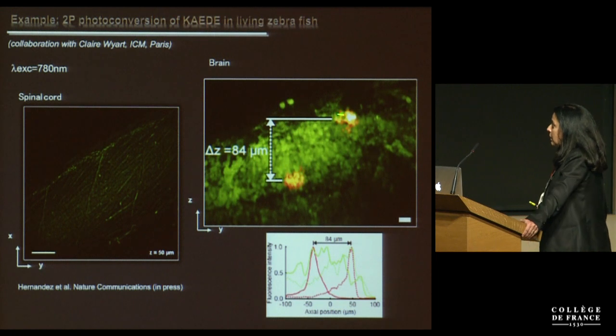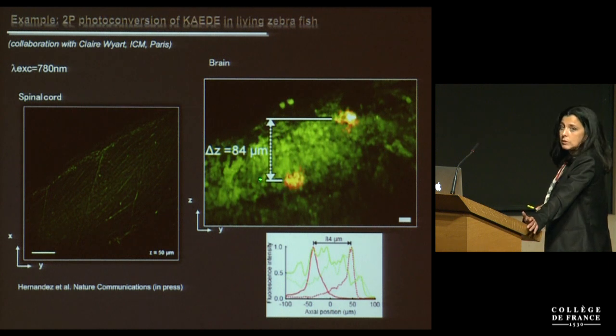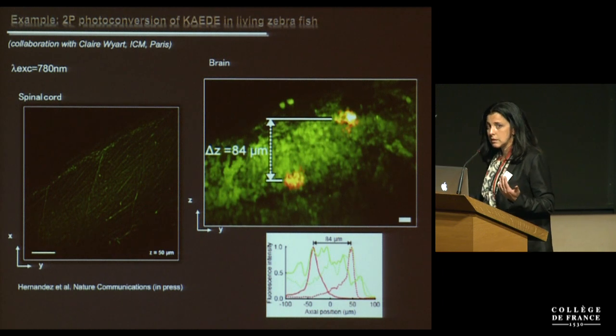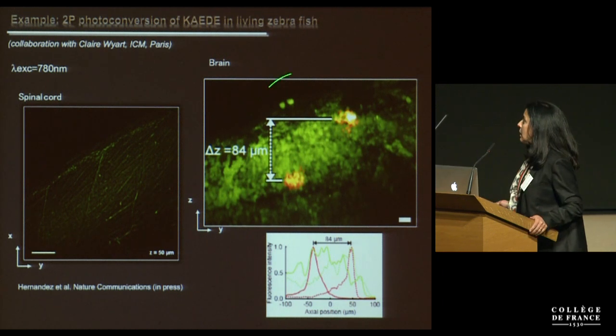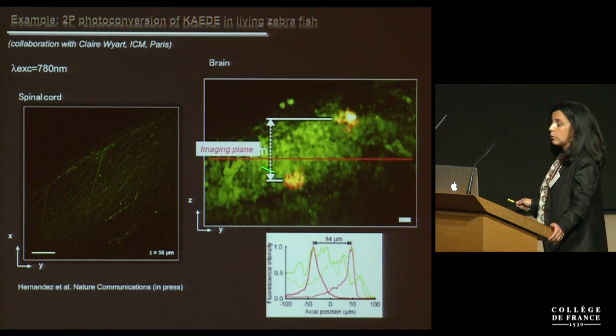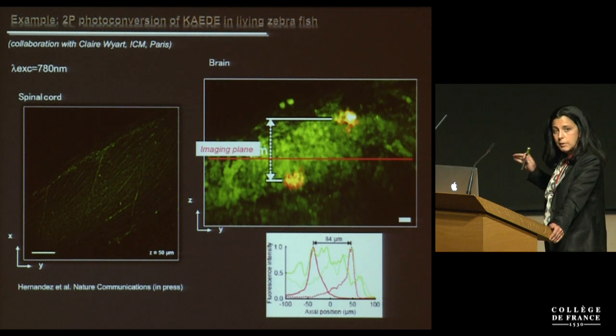And the reason why I'm now insisting a lot on the fact that you can produce patterns in 3D is because, if you come up with a way to deliver light in planes which are distinct from the objective focal plane, something that you can do is think of combining this approach with an imaging approach, with the capability of completely decoupling the plane where you do the photostimulation from the plane where you do imaging.